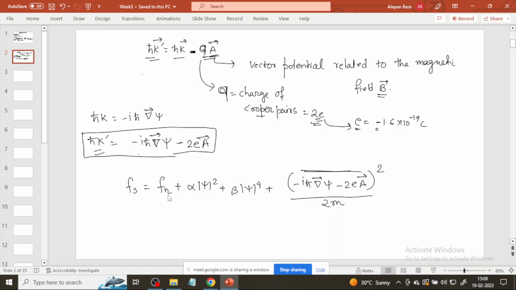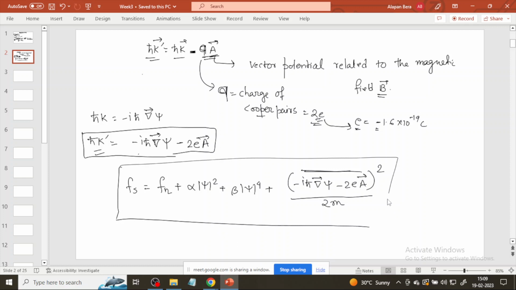So this is now our modified free energy density equation in presence of an external magnetic field.